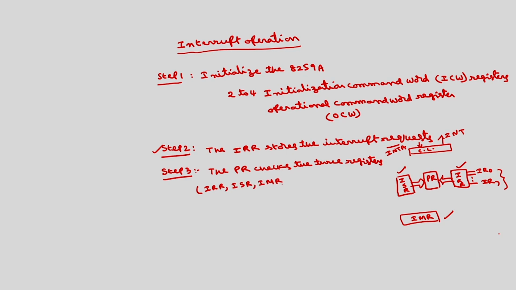These 3 states are important to assign the priority: which interrupt has been requested, which is in service, and which is masked. Based on this, the priority resolver will assign the priority to the interrupts and set INT high when appropriate.